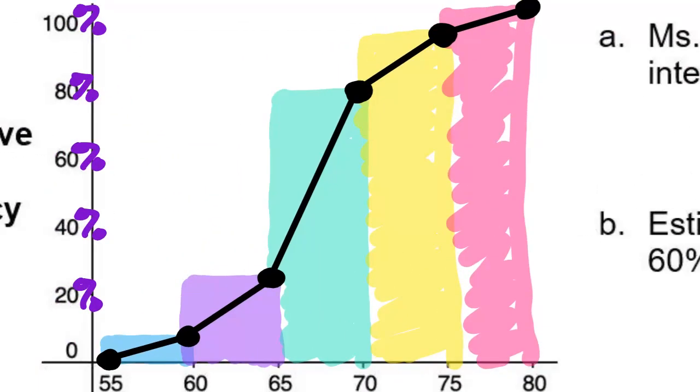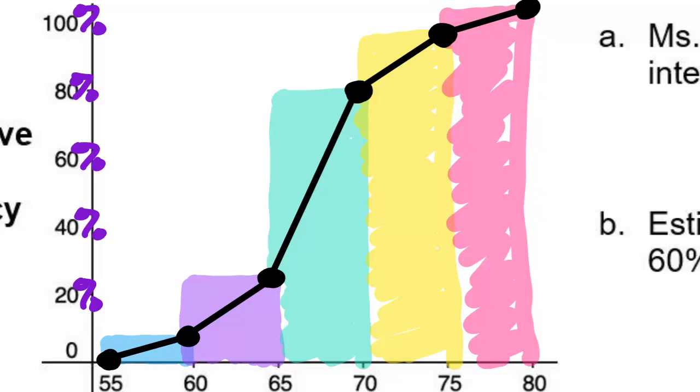What do you think it means that this segment right here has the steepest slope? What does it mean just in Algebra 1 when you have a slope of a line that's really steep? What would that mean about the rate of change or the slope?